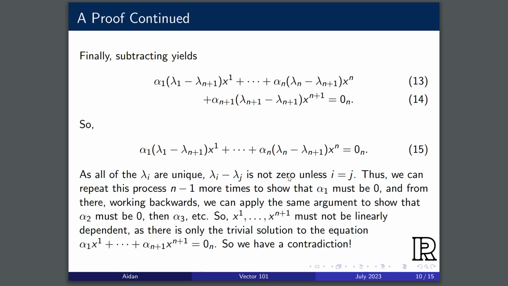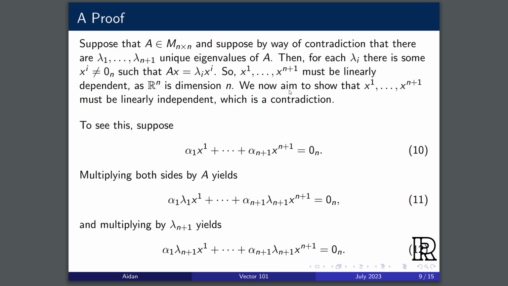So there are two possible cases. Either alpha 1 through alpha n are all 0, in which case we can go back to the top, substitute in 0 for all these values, and then we get that this vector here equals 0, which means that alpha n plus 1 must be 0.